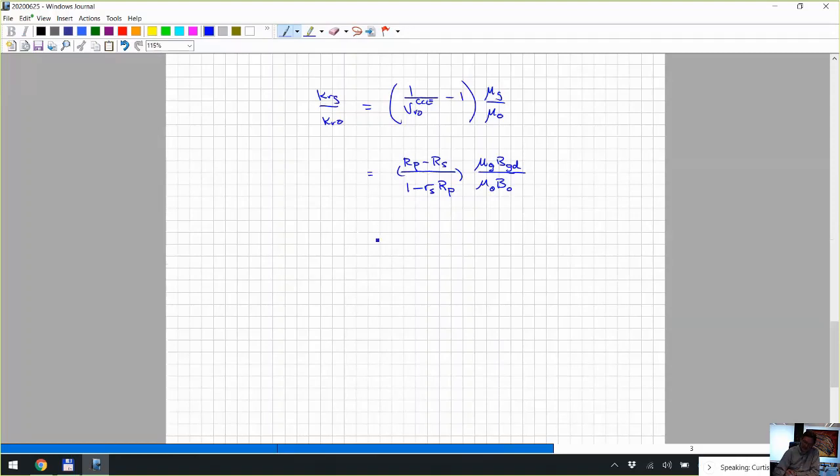Which means that you can rewrite that as RP minus RS, 1 minus little rs, RP times BGD over BO times mu G over mu O. So this term here is the same as this.